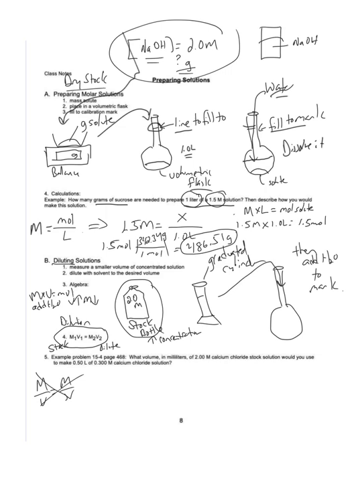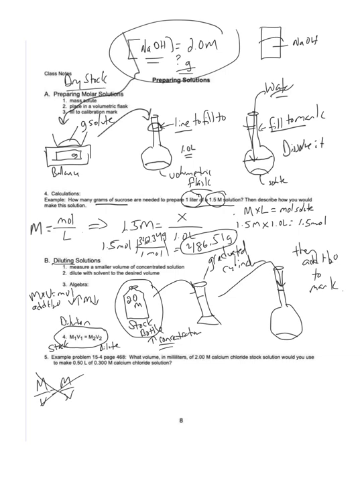To do this, I figure out what volume of stock I need, measure it in a graduated cylinder, add it to my volumetric flask, and add water to the mark. Cap it, shake it to mix, and I've now diluted it to the appropriate concentration.